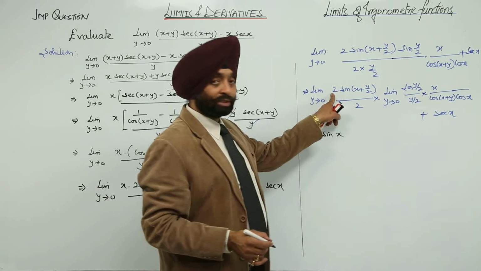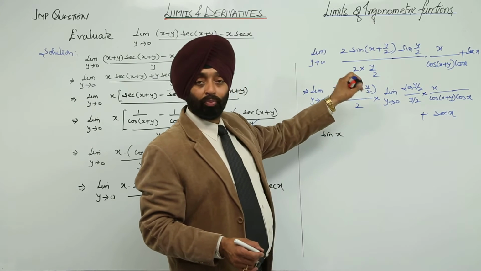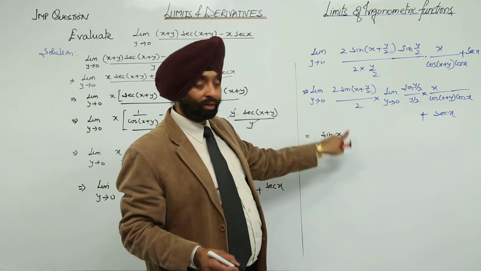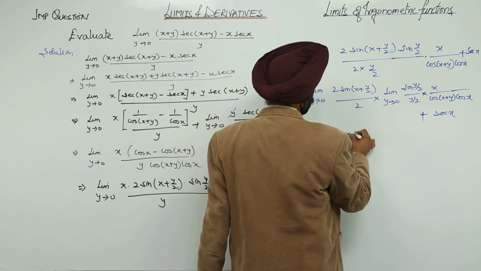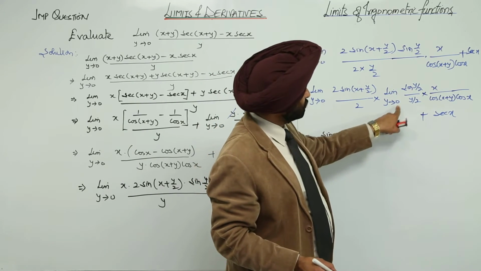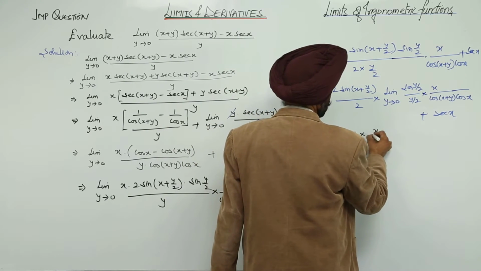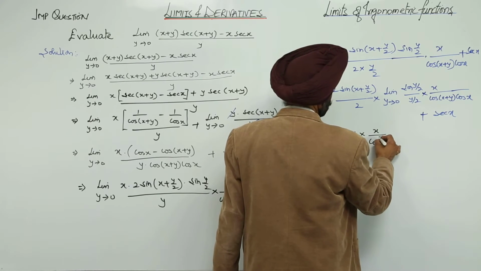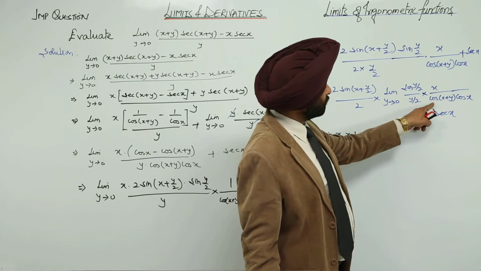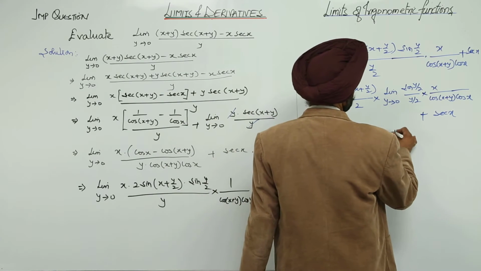Now this 2 and 2 cancel, y approaches 0, we are putting y here, y upon 2, 0 upon 2, that is 0, so we are left with sin x, times 1, since limit of sin y upon 2 over y upon 2 is 1, times x upon cos square x, since again I have put y as 0 here, so we are left with cos x and cos x, that becomes cos square x, plus secant x.